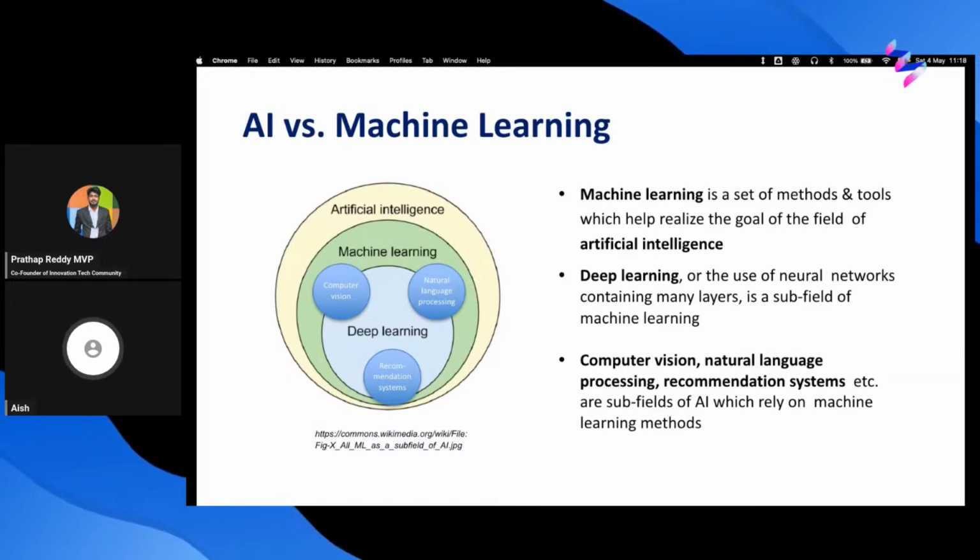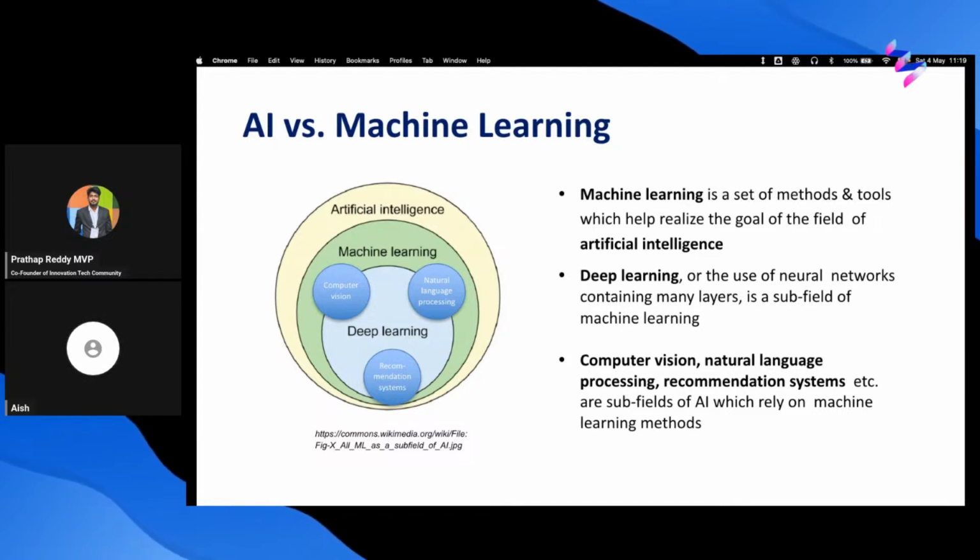So first, let's see the difference between AI, machine learning and deep learning. In essence, deep learning is a subset of machine learning, which is a subset of AI. AI is a very broad concept with many different domains within it. It is about how you enable machines to perform at a level greater than or equal to humans.